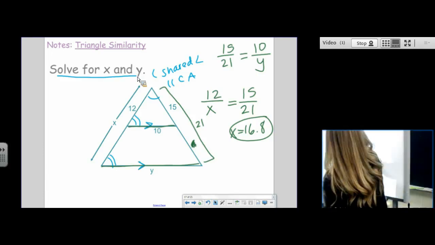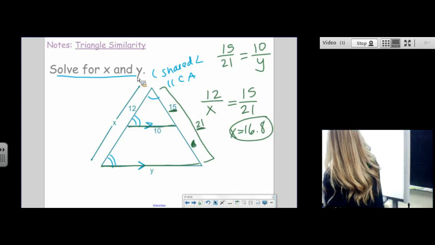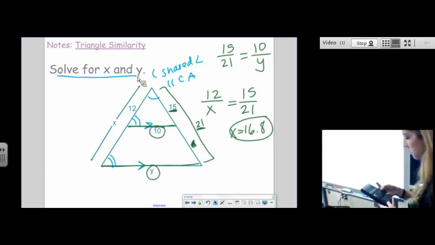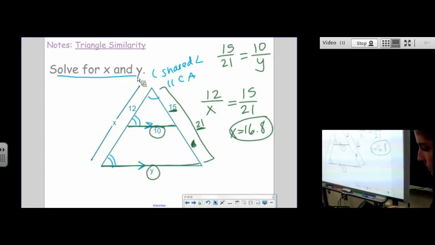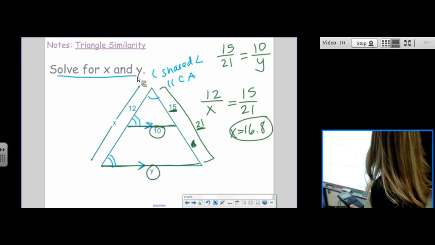We've got small over whole, and we've got small over whole. So when we cross multiply that, we get 14. Y is 14.